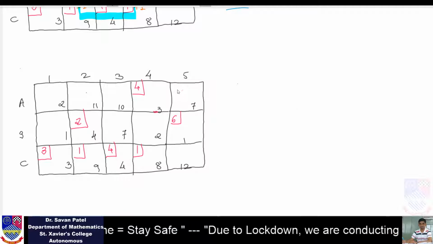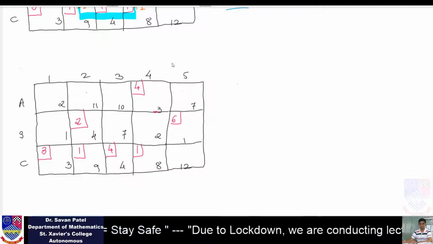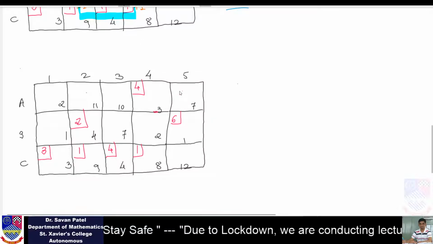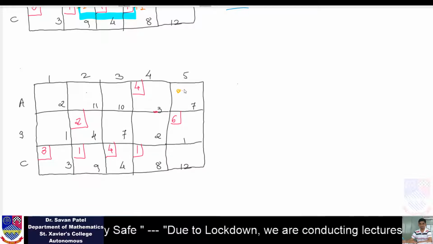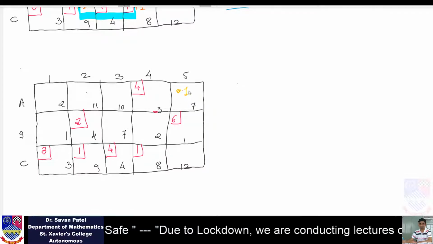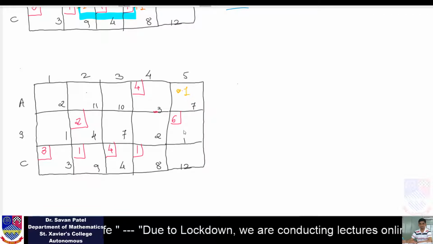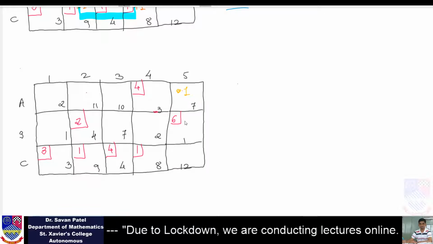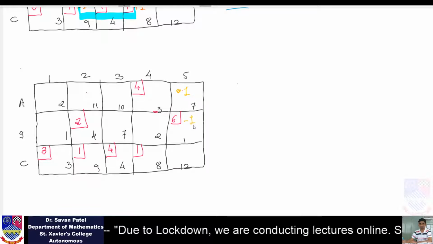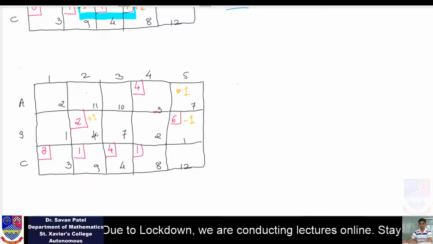So if I am transporting from here, meaning A to 5, and transferring 1 unit from here, then to sum this 6, we have to subtract 1 unit here. To sum this 8, we have to add 1 unit here.